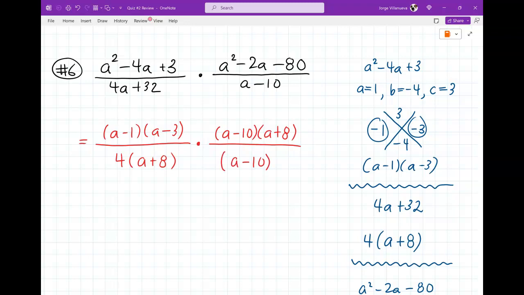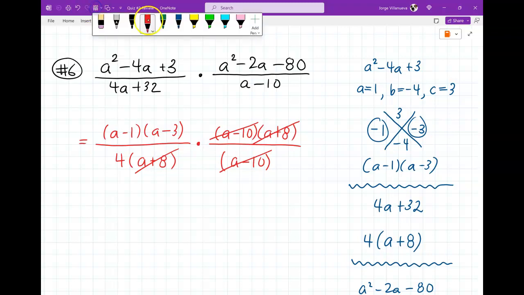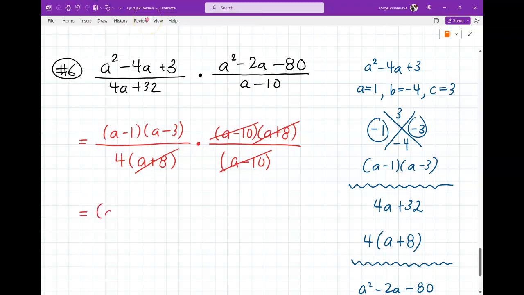So now we start chopping. What can I get rid of? Someone said A plus 8 as well. I heard that. Anything else? No, that's pretty much it. So the right side fraction is completely gone. That's just a 1 over 1. Is A minus 1, A minus 3 over 4 times 1 over 1.